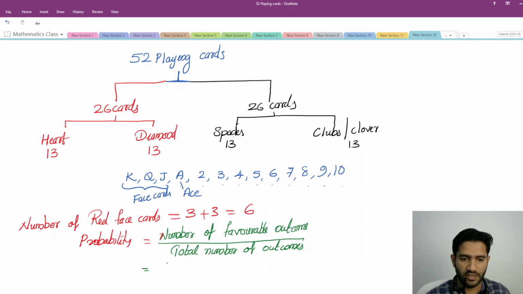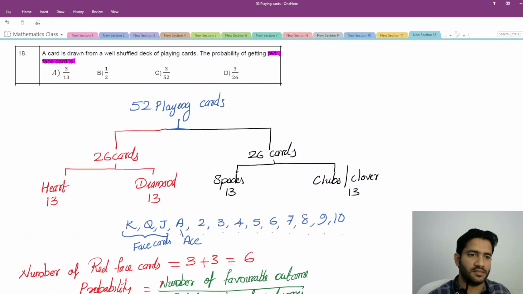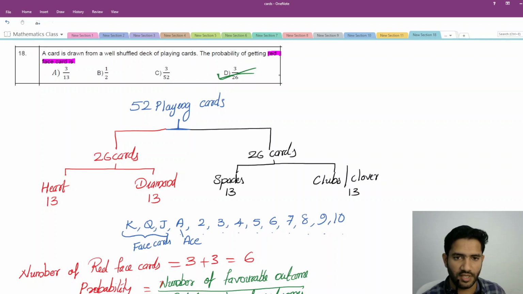So the number of favorable outcomes here is 6, and the total number is 52. So we can simplify. 6 by 52: half of 6 is 3, half of 52 is 26. So 3 by 26. Look at the options: 3 by 26, yes, it is here. The fourth one is the answer, 3 by 26.